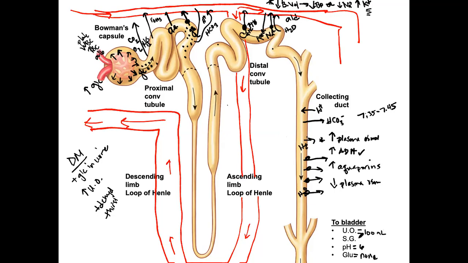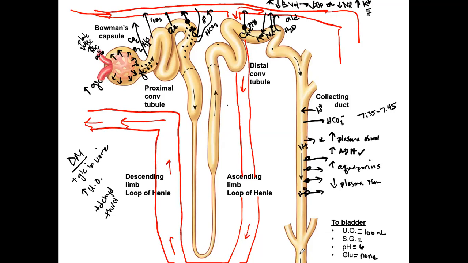Specific gravity is the particle concentration of your urine. So specific gravity is how many particles. If you go back up to the glomerulus, you're always going to be dumping out particles, right? So there's always a set amount of particles that is going to be in the urine. What changes is the amount of water that's in the urine. So if you're dehydrated or blood volume's low, you're going to not pee out the water. You're going to reabsorb it.